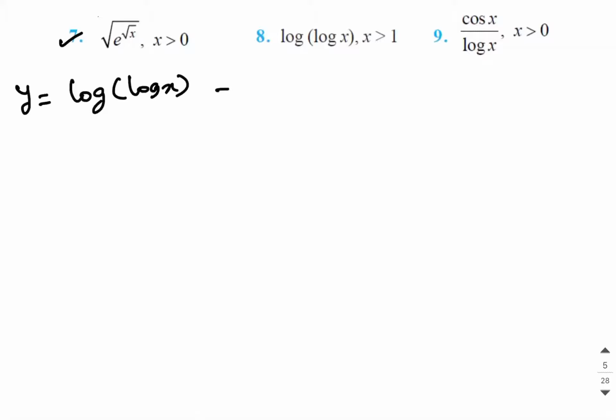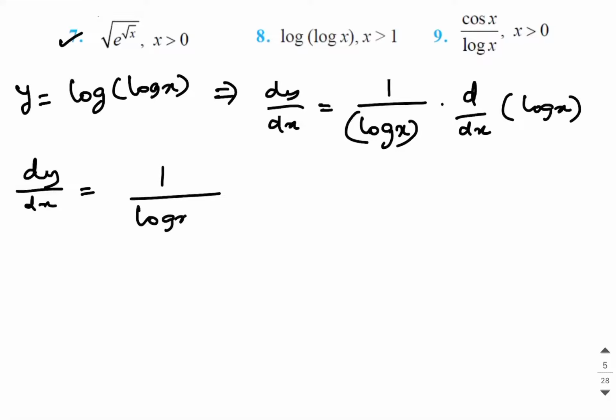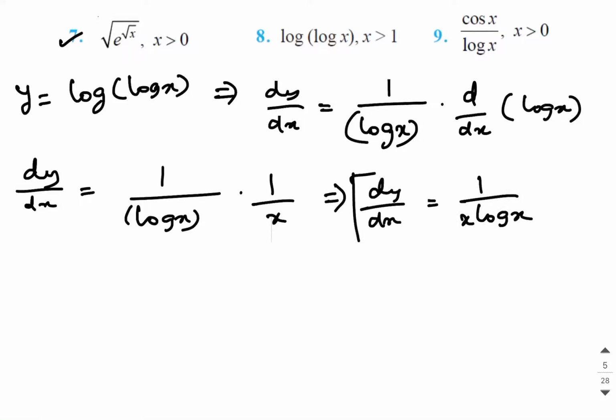This is a very simple one. Dy by dx will be equal to the derivative of log, which is 1 by the function inside the log, into d by dx of the function that is present inside the log, that is log x. So dy by dx will be equal to 1 by log x into the derivative of log x, which is 1 by x. Hence the required answer dy by dx will be 1 by x log x.